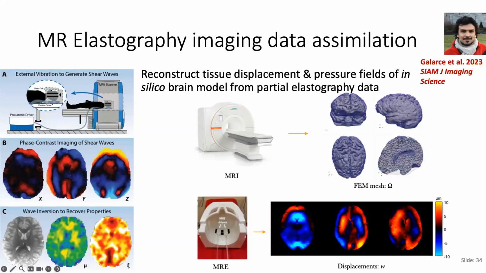As part of this assimilation algorithm, we map partially available MRE measurements acquired on a few slices onto a field defined on a three-dimensional model, as you can see here. As an example, a typical wave image on the slices is shown in the bottom sketch. The mapping requires anatomical data to construct a brain model.